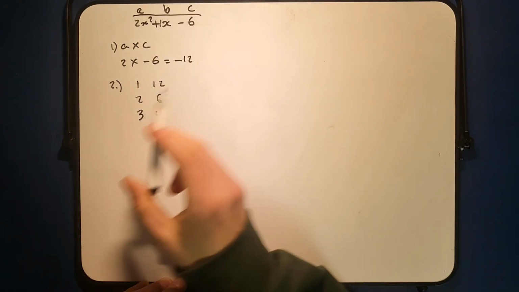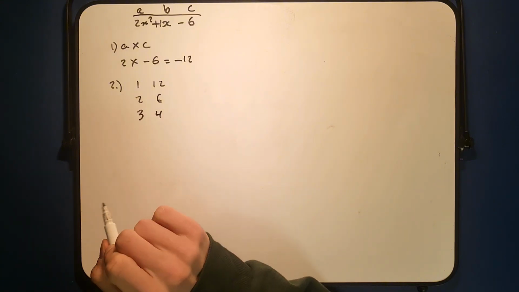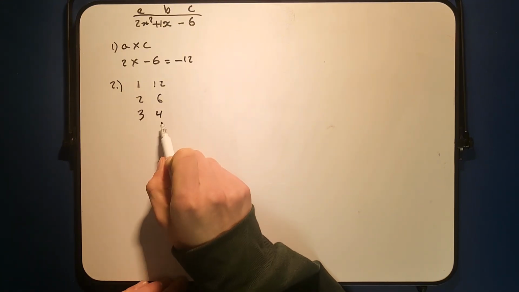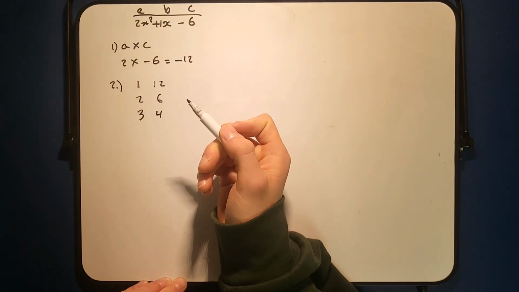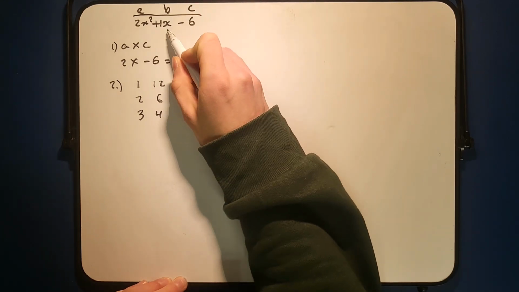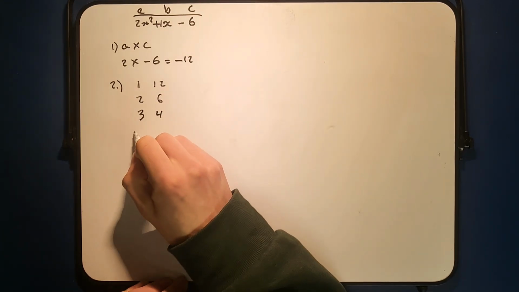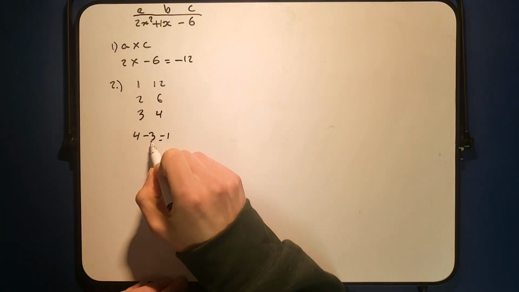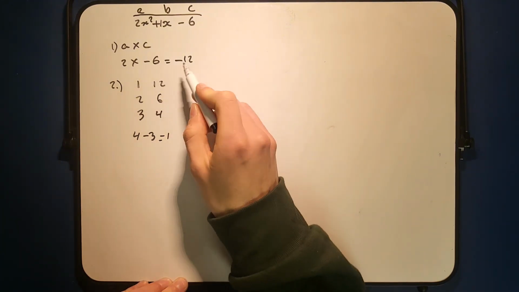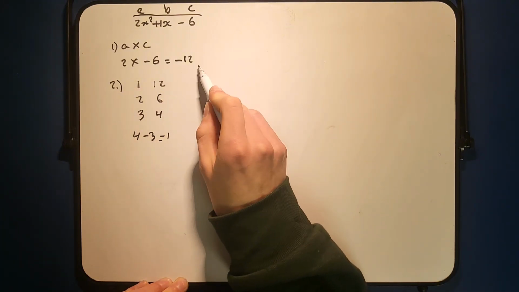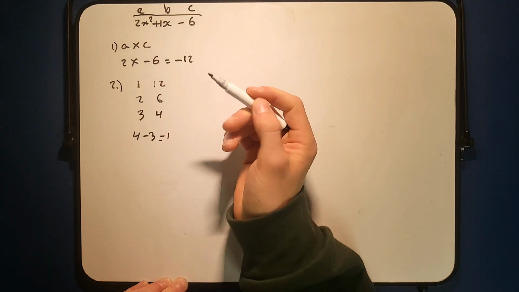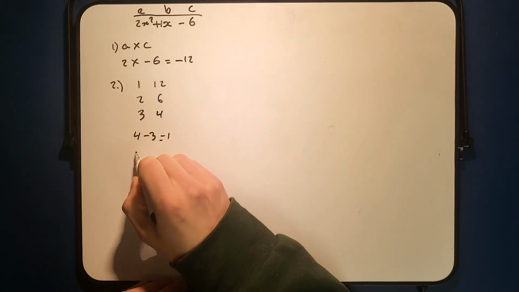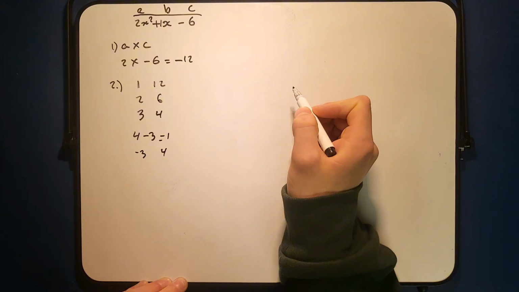Now, here we have the 3 and the 4 again, but if we choose positive 3 and positive 4, that will give us 7. What we want is 1. So I see here that 4 minus 3 will give us 1. And we know that one of the numbers has to be negative because our number here, negative 12, is negative. So our factors must be negative 3 and 4.